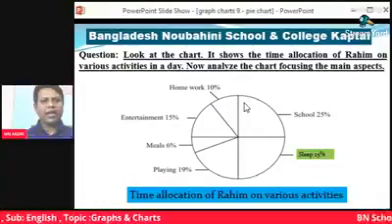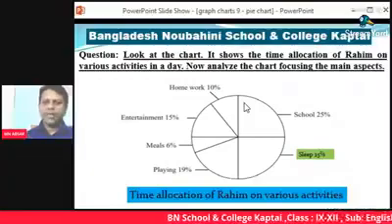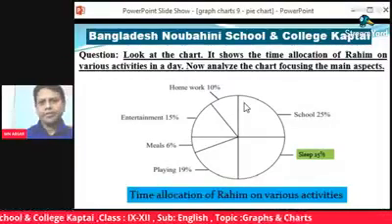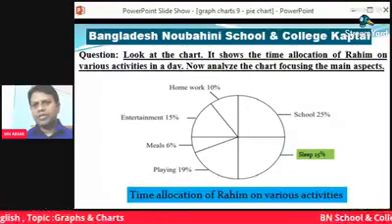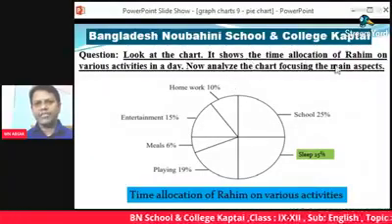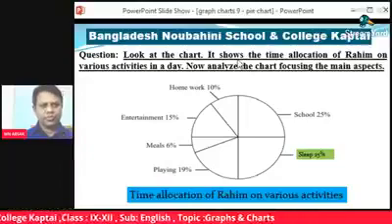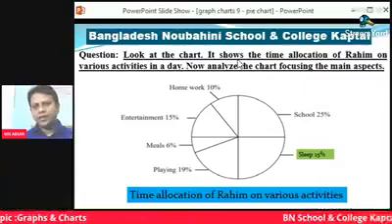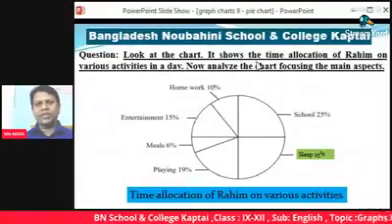How will you write your title of the graphs or charts? You can write your title from your question. Look in your question, just look here, it shows the time allocation of Rahim on various activities. So after the word shows, you see the time allocation of Rahim on various activities.